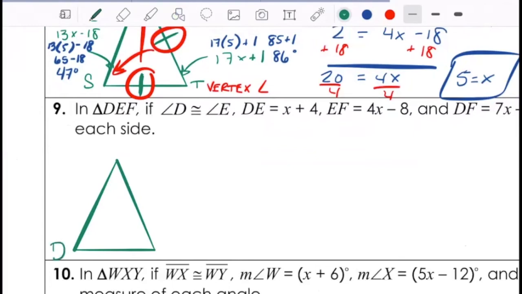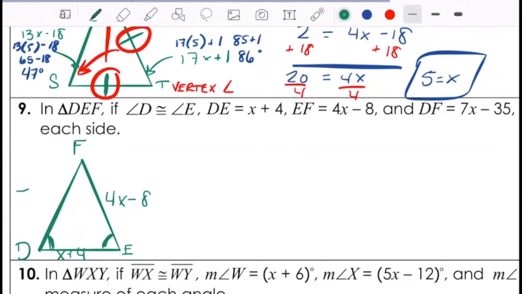So angle D is congruent to angle E, so this guy's going to be F. DE is x plus 4, that's our base. EF is 4x minus 8. And DF is 7x minus 35.